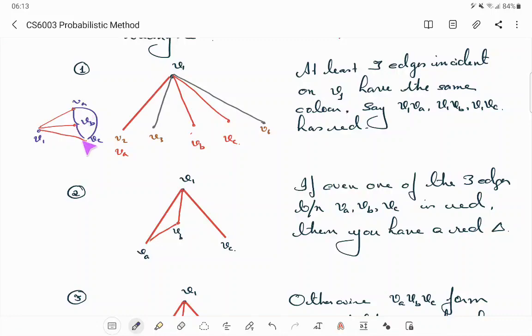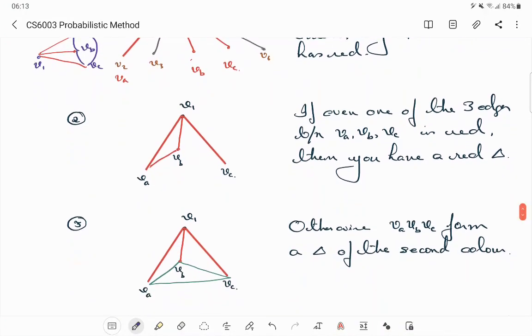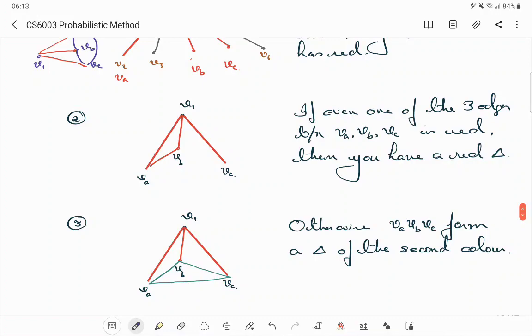If VAVB was red, we would get this red triangle. Which means the only case left is when all these three are not red, which means they are of the other color, green. And if all three of those edges are green, then you get a green triangle, and hence in any case you end up having a monochromatic triangle, and that completes the proof.